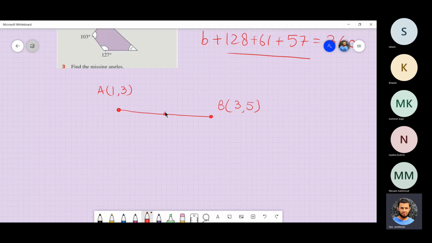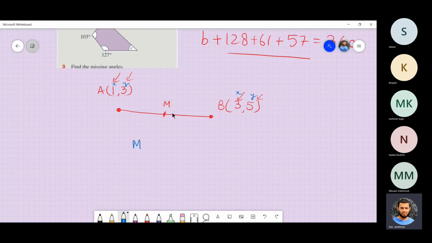To find the midpoint, I told you to add the x and then make half, and add the y and then make half. Is 1 x or y here? First one is x, always x. The second one is y.